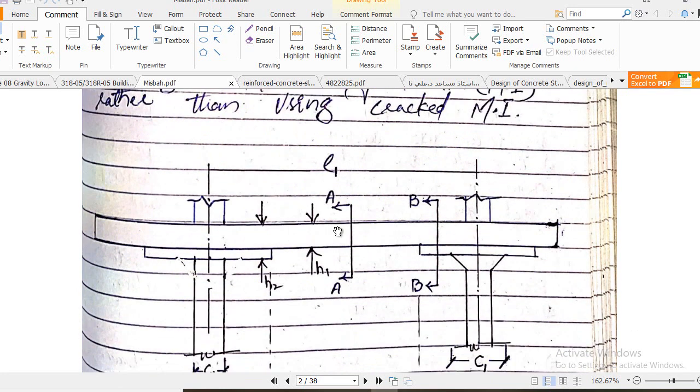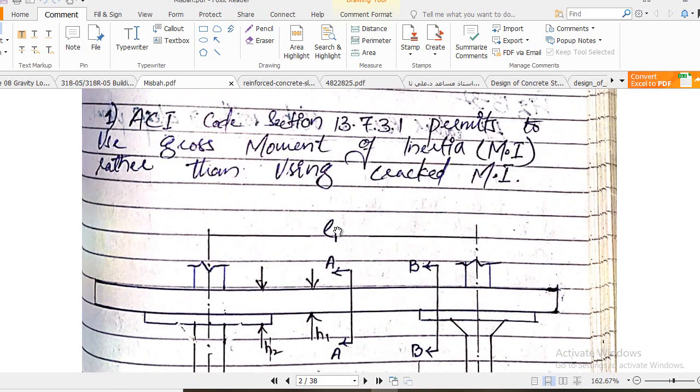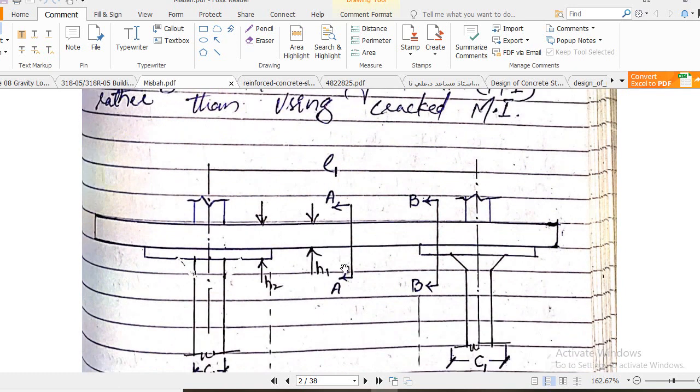This is also a very important point, because you already know that the under portion of a tension member is always cracked, and we do not consider that cracked portion. For that purpose we need a cracked moment of inertia. But the ACI code, because it becomes very difficult to use the cracked moment of inertia, we have to calculate for each section, and it basically complicates the procedure.